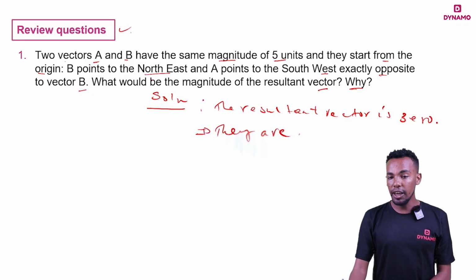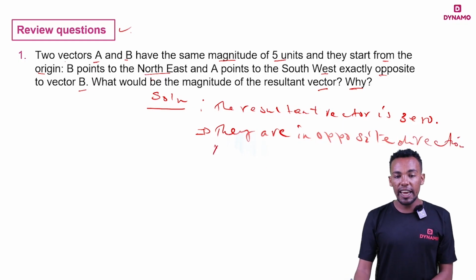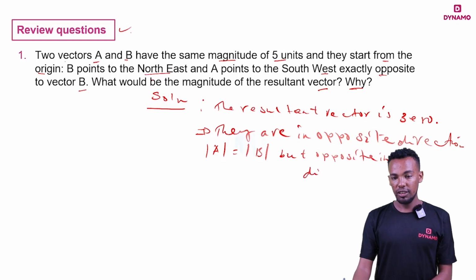They are in opposite direction. What does this mean? The magnitude of vector A is equal to the magnitude of vector B, but opposite in direction.